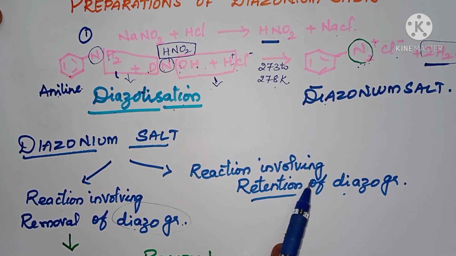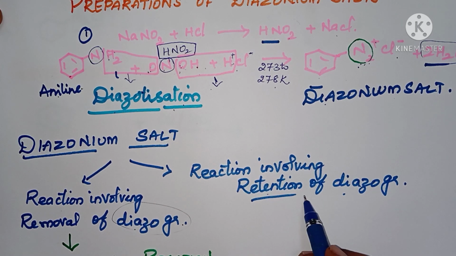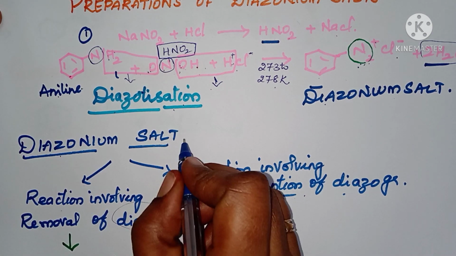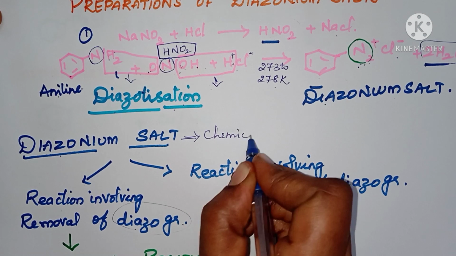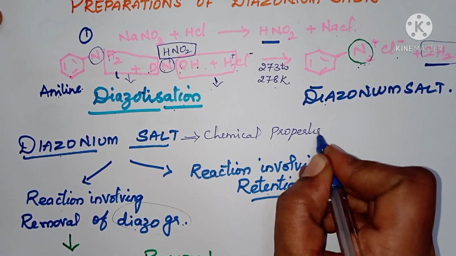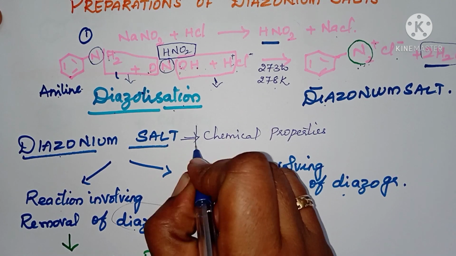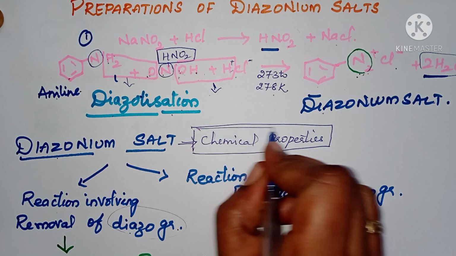And then reaction involving retention of diazonium group. So retention of diazonium group, which is the N2 group, will be available in the diazonium salts only. So these are actually chemical properties. Okay, so diazonium chemical properties only, we are going to check.